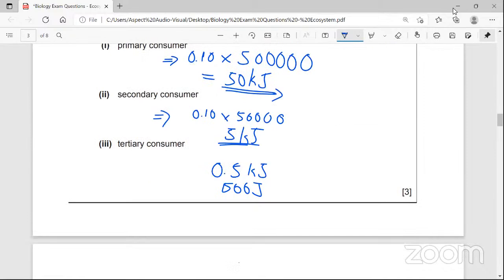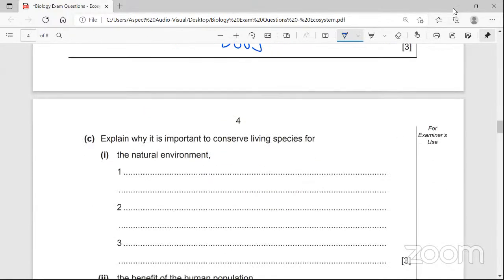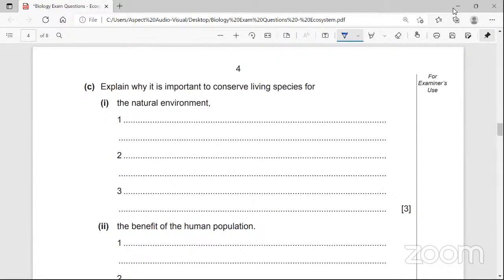Right, let's pause. Explain why it is important to conserve living species for the natural environment. Why is it important? To conserve living species for the natural environment. So you can say to maintain biodiversity.